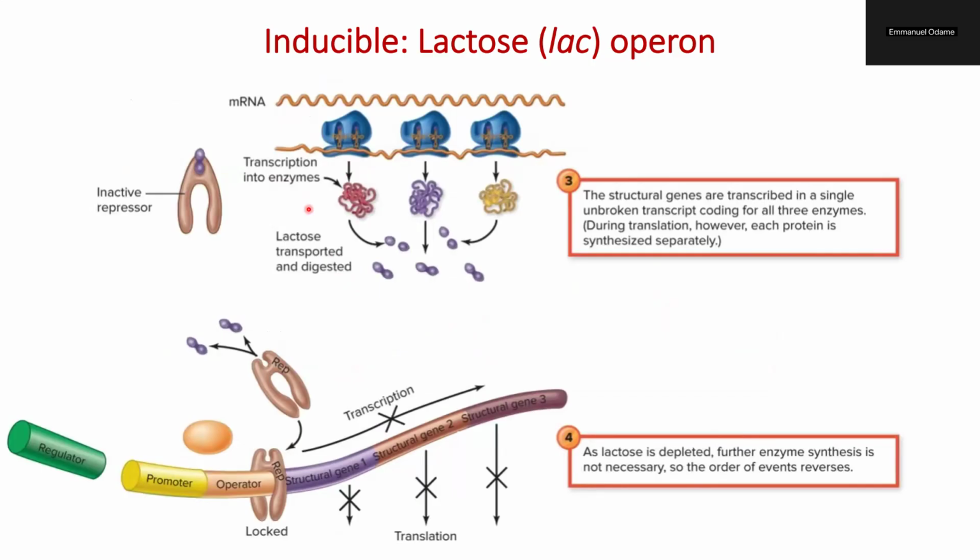As I explained earlier, lactose binds to this pocket on the repressor, and then it takes the repressor off, and RNA polymerase can go ahead and transcribe all of the genes at once.